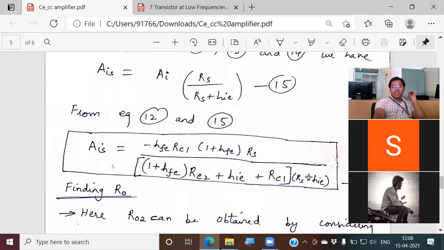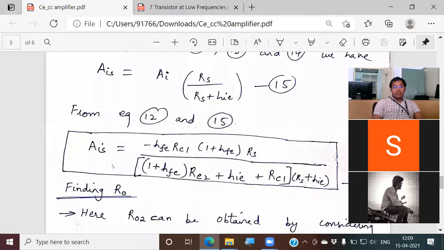Akhil Sai, still getting the same value? Sir, I'm getting 0.15 itself, sir. See, this term is not multiplied completely. This term is only multiplied to RE2. Anyway, yes, Soumya completed? 493, Soumya. Minus 0.04 I'm getting, sir.